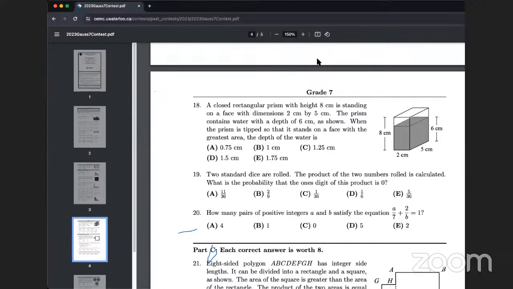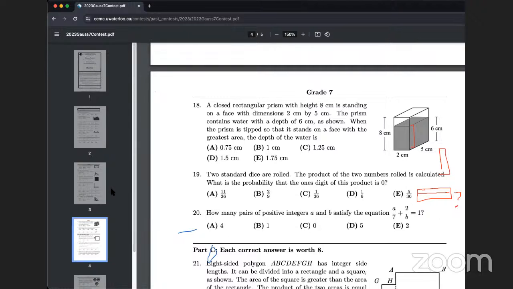Yeah, basically what it's asking. So this is the water right now. So it's standing up like this. If it was standing like this, what would the height of the water be?